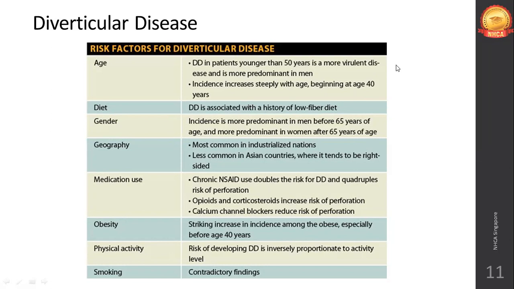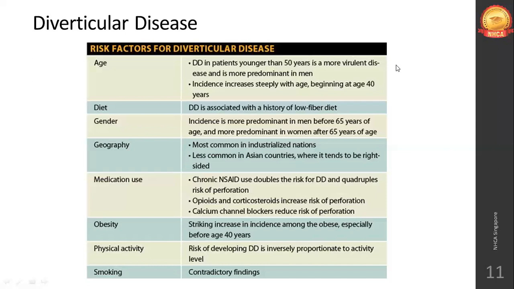So incidence is more seen in males as compared to females, and it is most commonly seen in industrialized nations. It is less common in Asian countries, where it tends to be right-sided. Here, right-sided, it could also mean that you are eating with right hand or some other way.